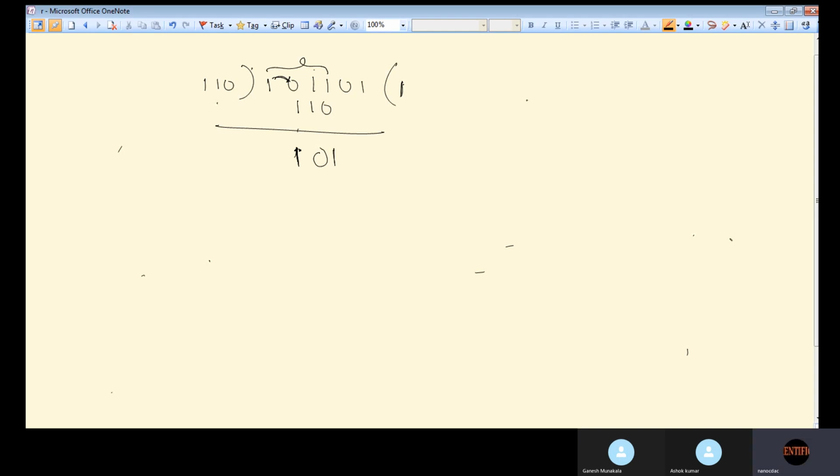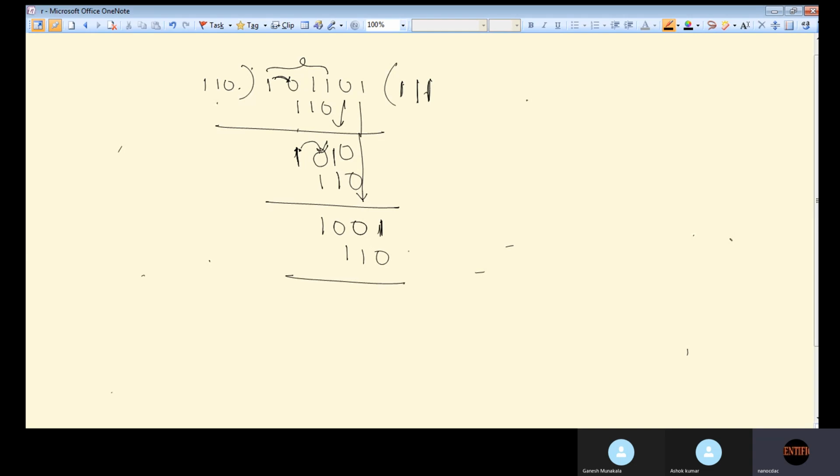And you drop this bit here. Again 110 into 1 is 110. If you subtract, you will get 100. This one you can borrow here, and drop this one here. So you will get 1.